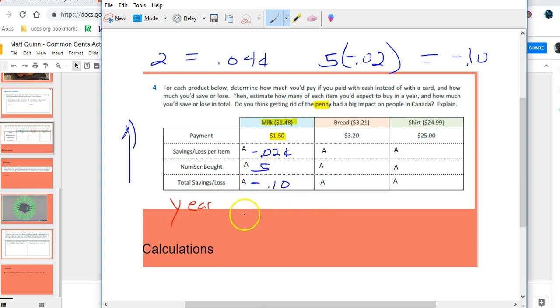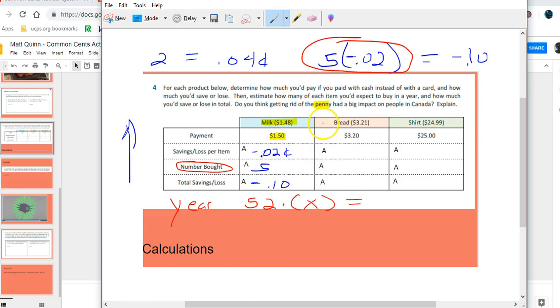I don't care if you do half gallons or gallons, but if you're buying 5 a week, and we know that there are 52 weeks in a year, whatever number you put in here for your weekly number, that's what you would put in here. I'm going to call it X. So that's going to give you the number bought for the year. And that's the number you would put in here, and that's what you would multiply by, and that's how you would get it.